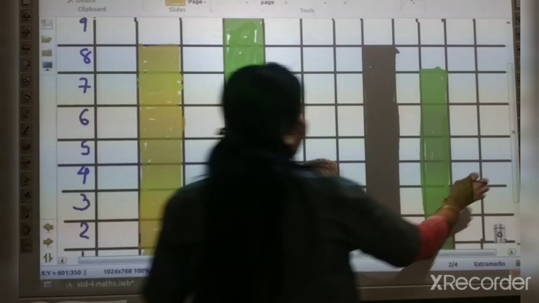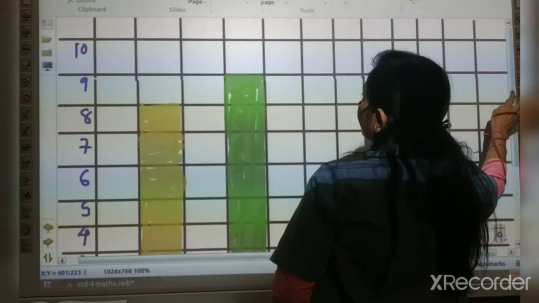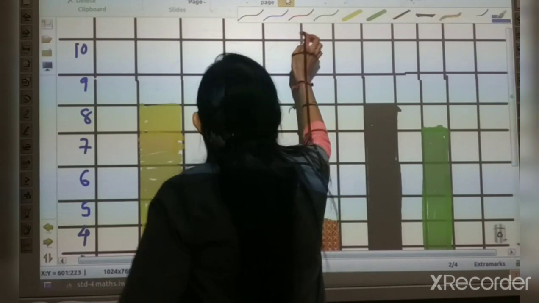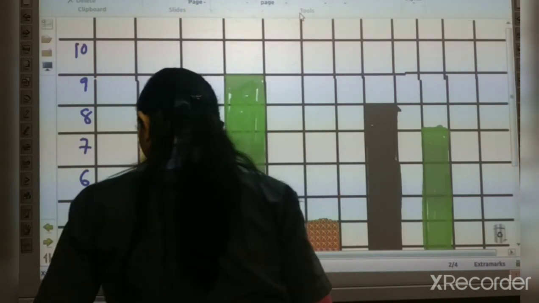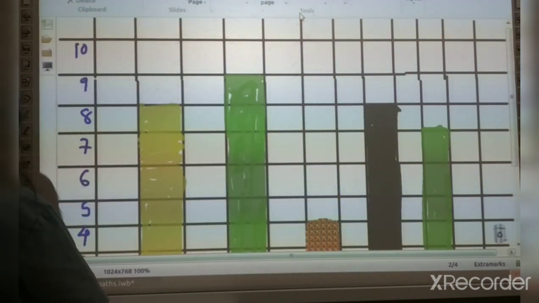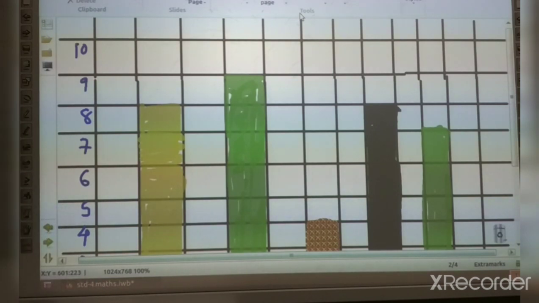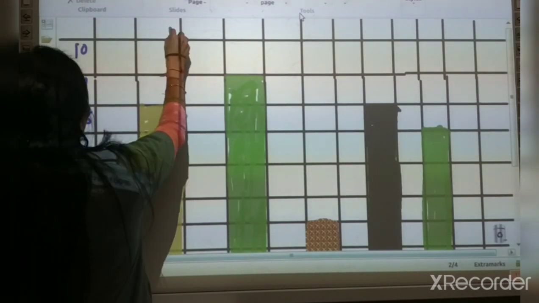Here is given a bar graph of marks scored by students in a maths test.